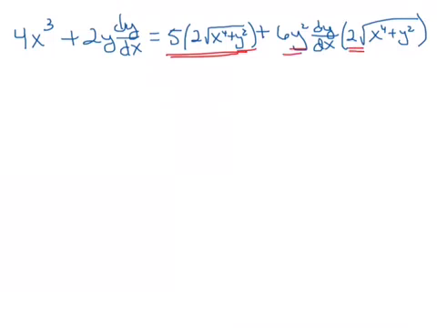And I'm going to subtract this term, the 5 times 2 square root of x to the fourth plus y squared, to the other side. So I'll have 4x cubed minus 10 times the square root of x to the fourth plus y squared, because it did not have a dy/dx in it.